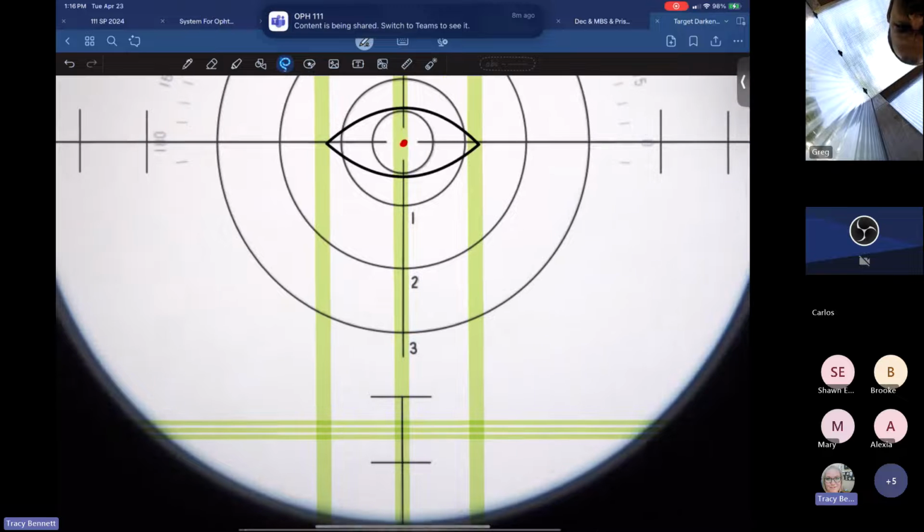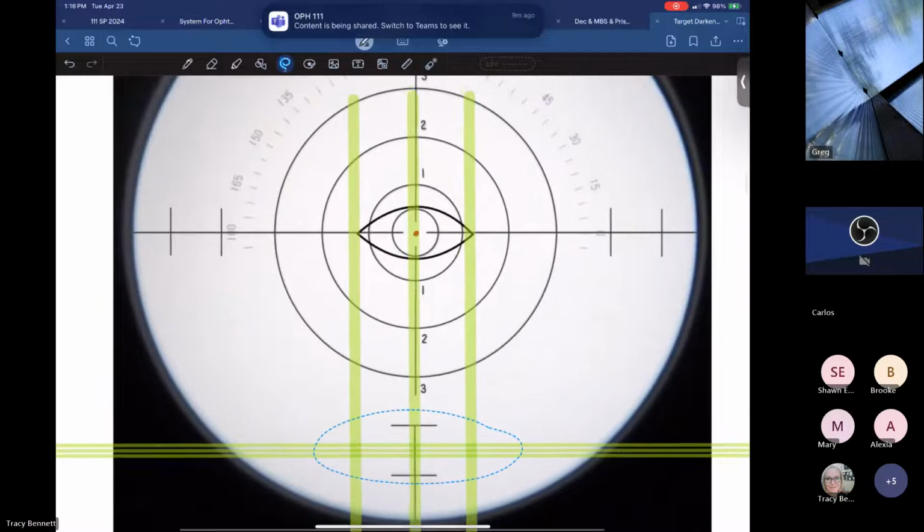If we're focused and our target's down here, how much prism is being displayed? This is the point of reference that we're looking at with this. You can tell we're already base down. This guy right here is 4 diopters. This was 5 diopters. We're right halfway in the middle, so 4.5 diopters base down. And so that's our vertical amount of prism. Everybody follow on that one fine? Yep.